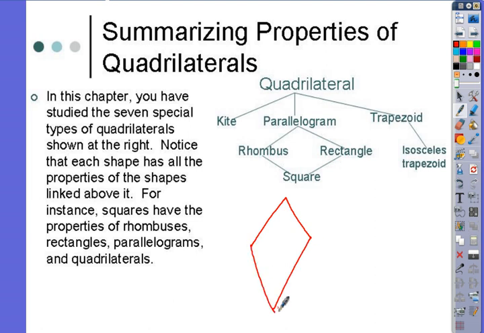These sides are congruent, and those sides are congruent, right? So we get two pairs of consecutive congruent sides. But opposite sides are never parallel and never congruent. Those are the characteristics of a kite. If that stuff is true, then it's a kite. That's one avenue we could take.